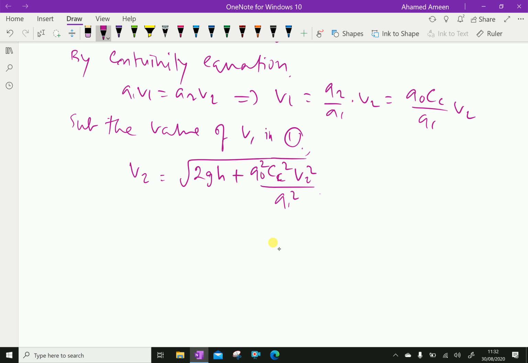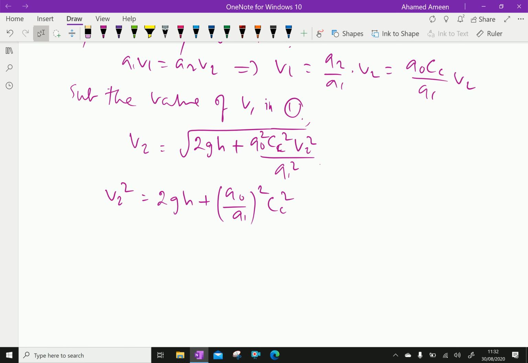Therefore, by squaring both sides, we have V2 squared equals 2gH plus A0 by A1 whole squared, CC squared, V2 squared.